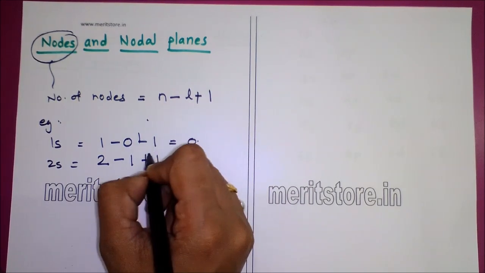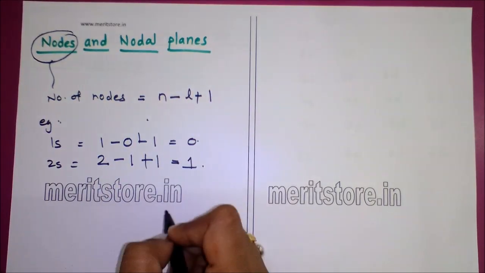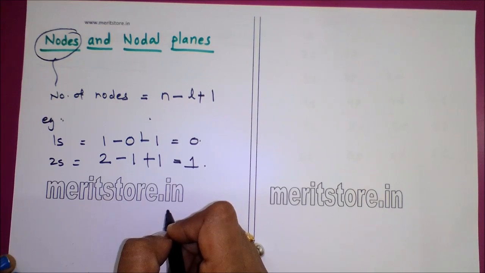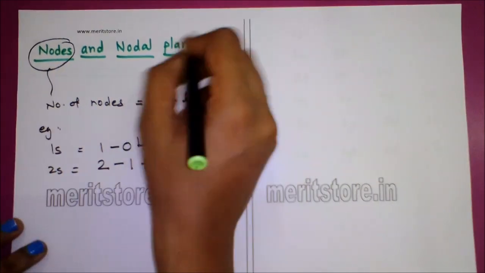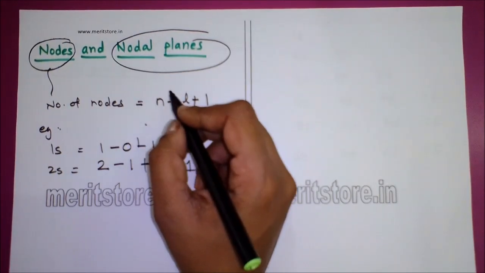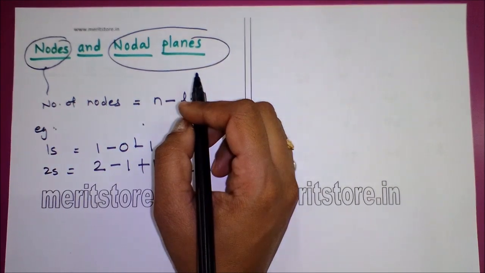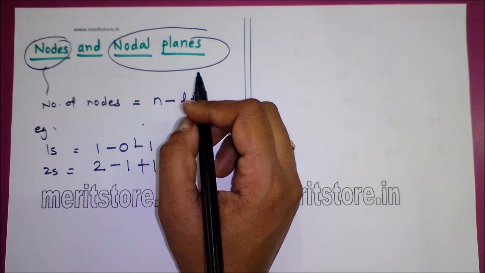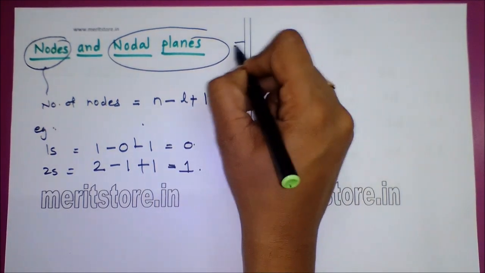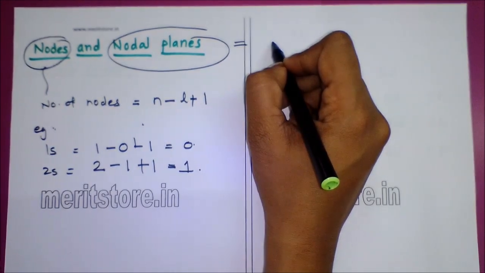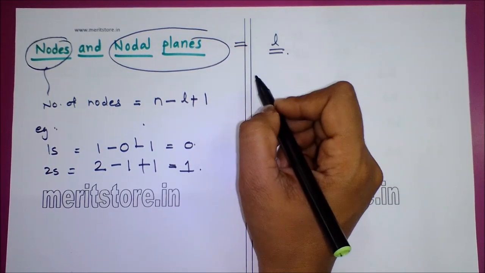So when I am talking about this particular number, we get different nodal planes in this case. Nodal planes are where the probability of finding the electron will be 0, along the axis. In order to find the number of nodal planes, the formula is equal to L, the azimuthal quantum number.